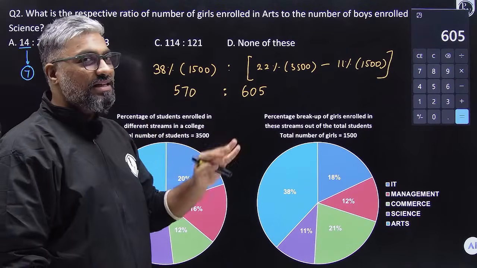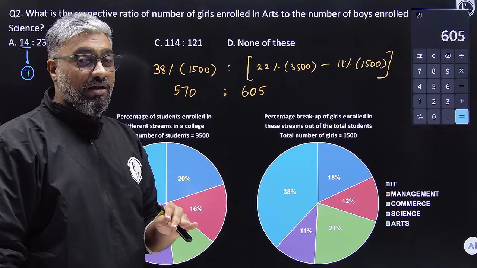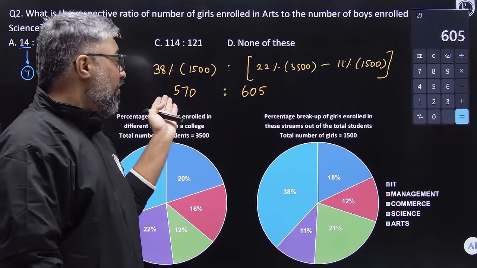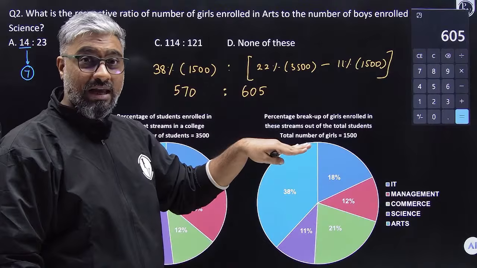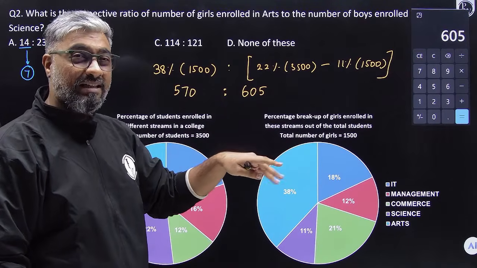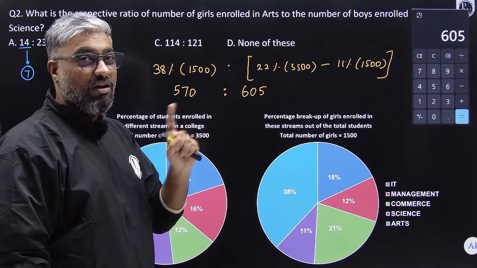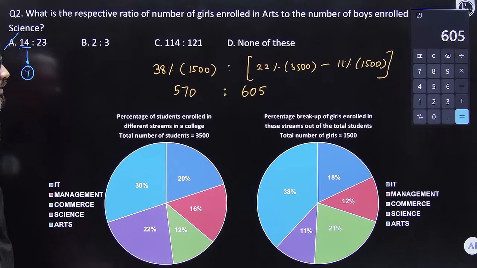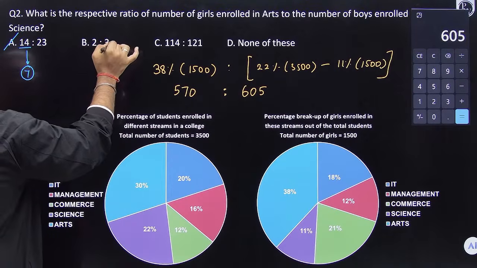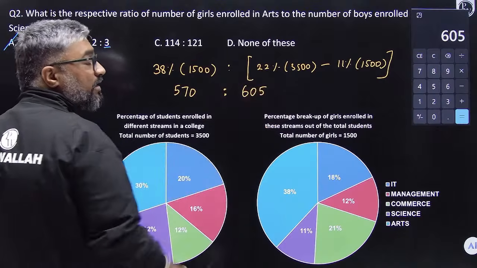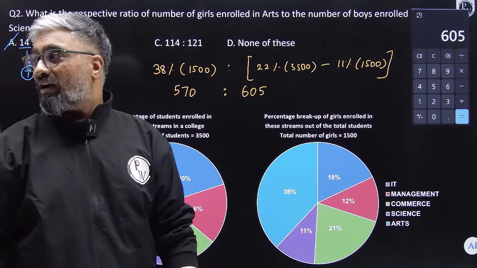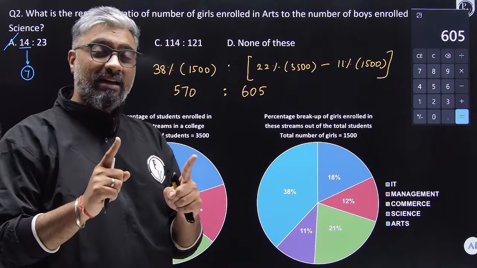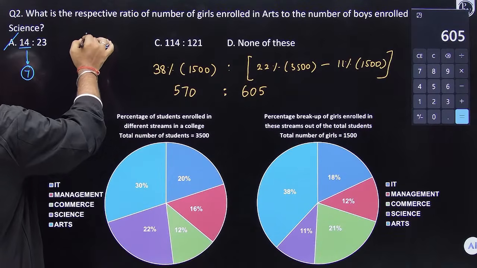Is 570 divisible by 7? No. 490 is divisible by 7, 49, and the next number after 49 is 56, so 560 will be divisible, not 570. So this can't be my answer. 2 is to 3, so 605 should be divisible by 3. It is not: 6 plus 0 plus 5 is 11, not divisible by 3, gone.